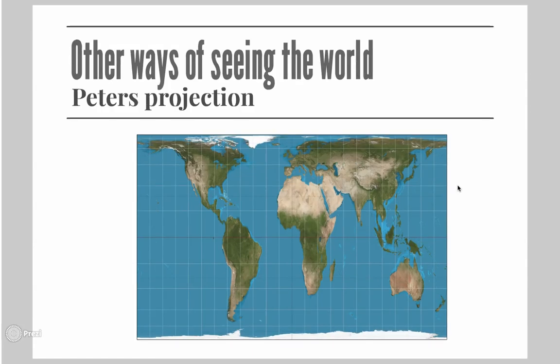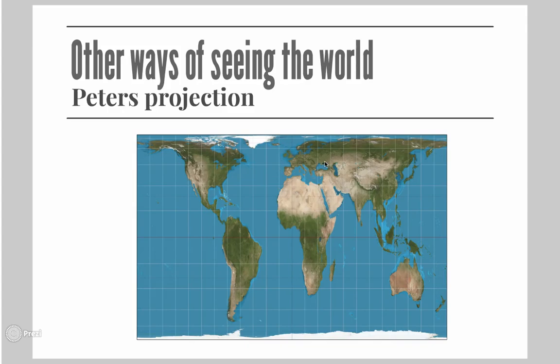Are there other ways of looking at the world? There are many other ways of looking at the world. One example is Peter's projection. Peter's projection allows the different land masses to respect their adequate size.